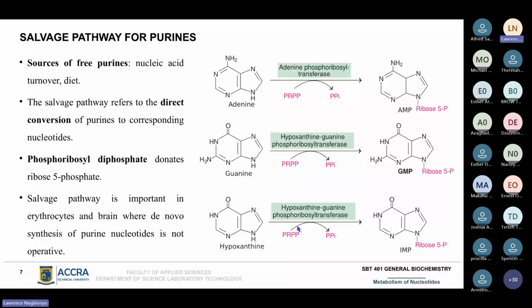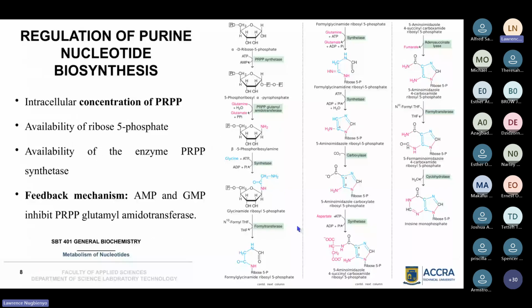Now, every biochemical reaction has some form of regulation. There should be a coordination of these reactions such that the products are in adequate amounts for the cells at all times to carry out their functions.